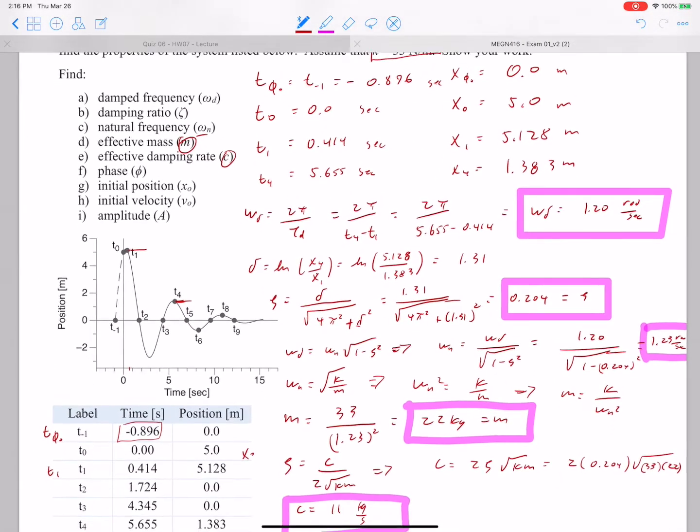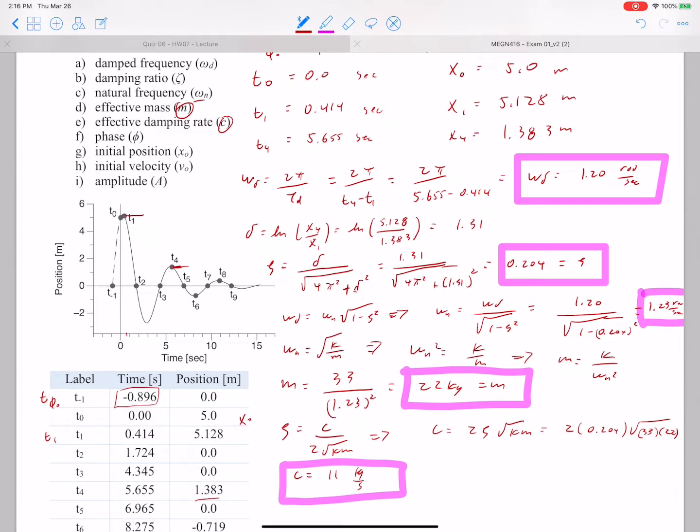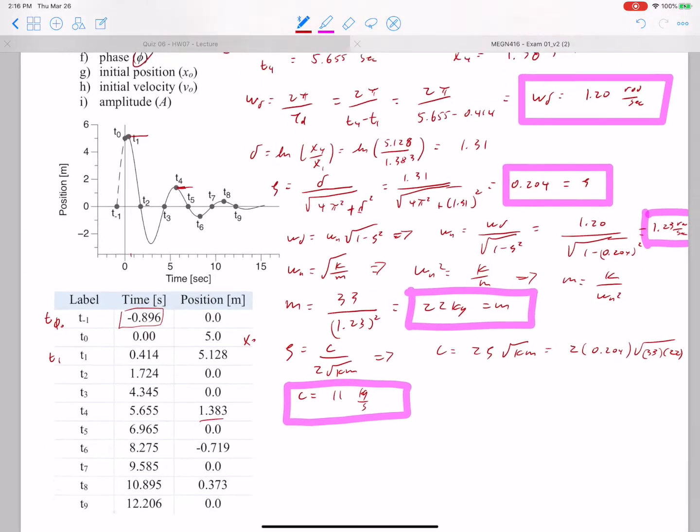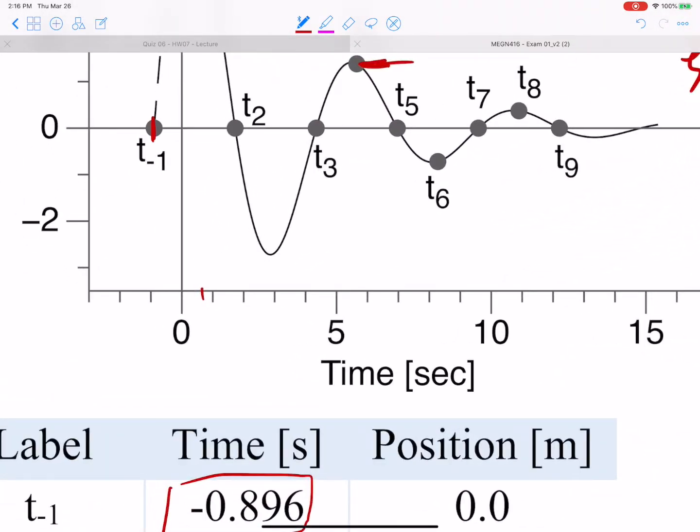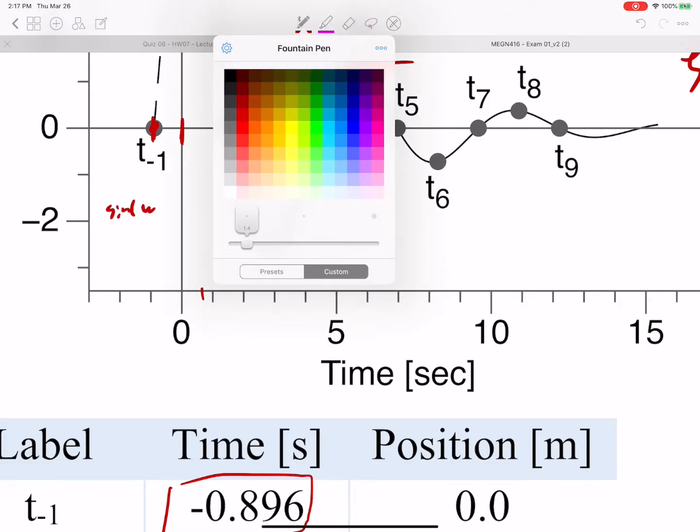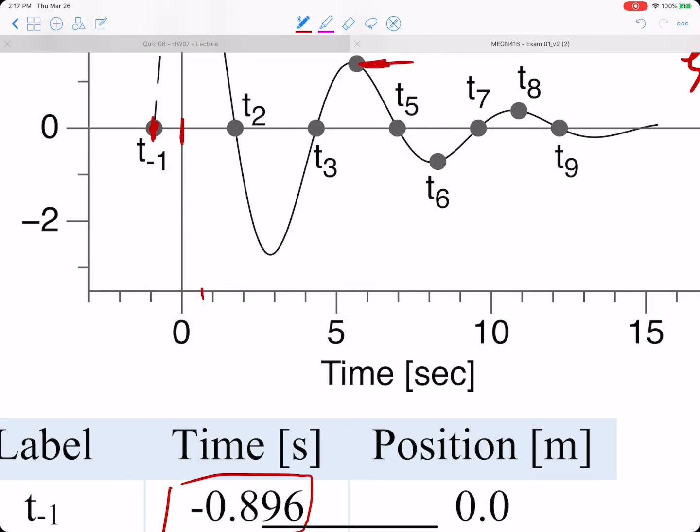Now it's asking for the phase. So this distance right here, where x is equal to 0, that means that sine of omega d t plus phi naught is equal to 0.